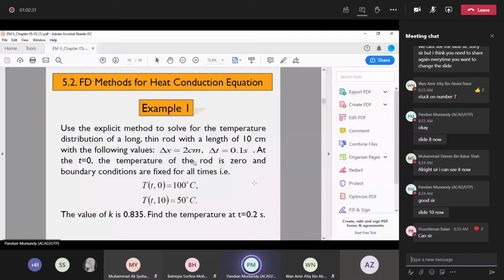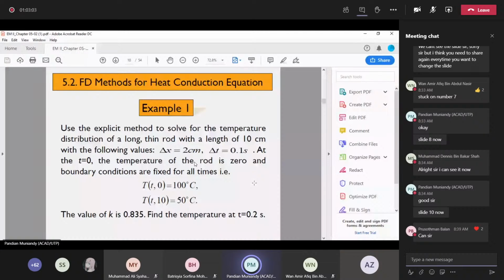Use the explicit method to solve for the temperature distribution of a long thin rod with a length of 10 cm. In the previous lecture, we showed you the rod from hot to cool. So the length of the rod is 10 cm. Now we must use the unit because the variables must have units.